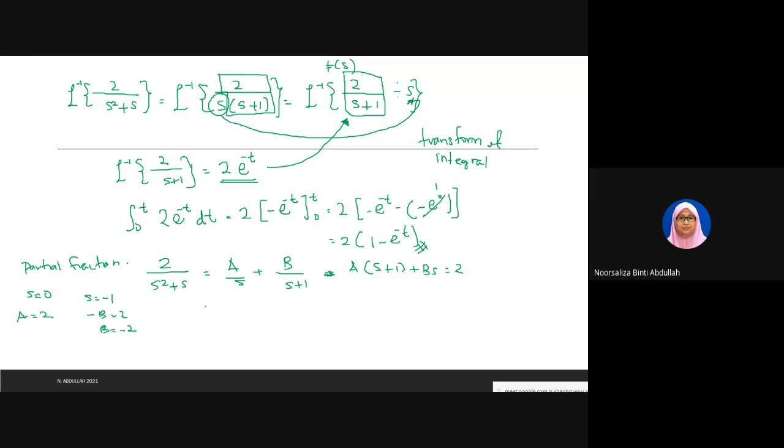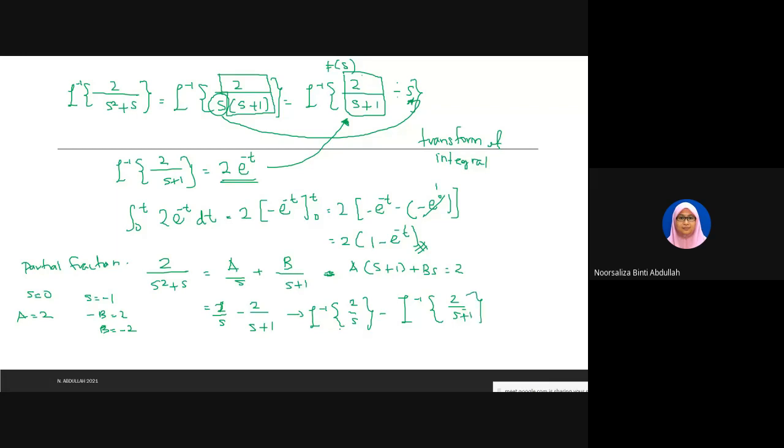Then these equations will be 2 over S minus 2 over S plus 1. Then you find the inverse of 2 over S minus inverse of 2 over S plus 1.